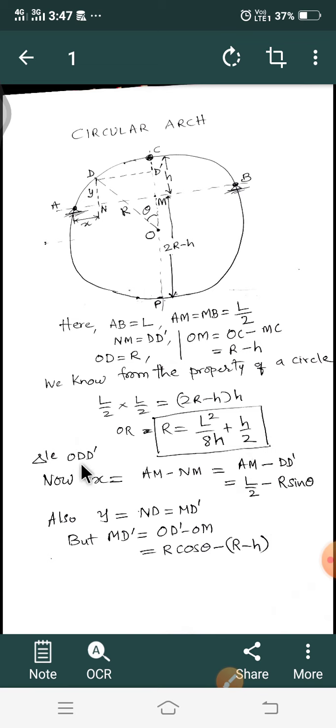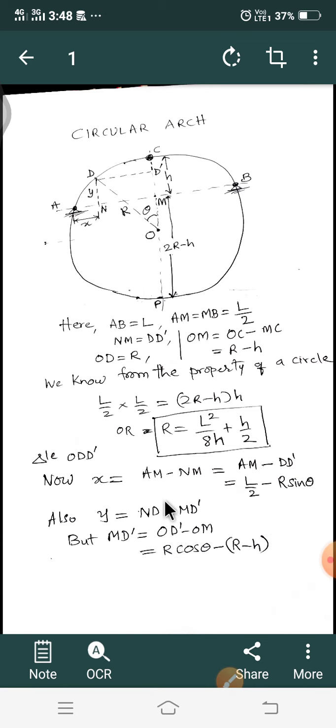Now in triangle ODD dash, you can see here, in this triangle we can define a few things. Now X is equal to AM minus NM. So you can see this is X, which is nothing but AM minus NM. In AM you need to subtract NM here. X is equal to AM minus NM, which is again equal to AM minus DD dash, because DD dash and NM are same.